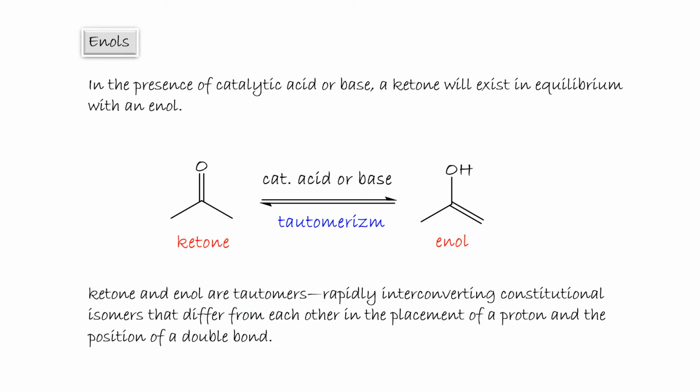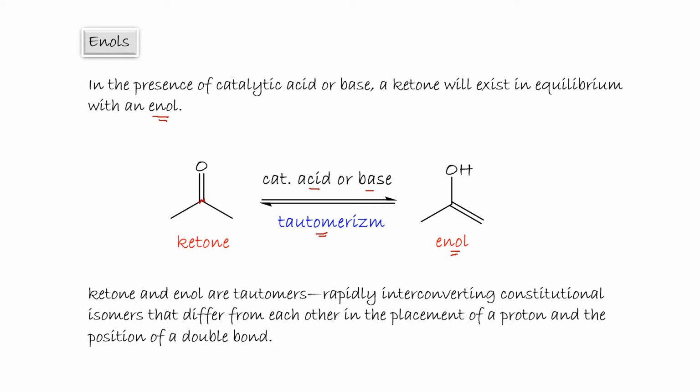In the presence of catalytic acid or base, a ketone will exist in equilibrium with enol. So this is a ketone form; with a catalytic amount of acid or base, tautomerism will occur to give enol. Ketone and enol are tautomers that rapidly interconvert.